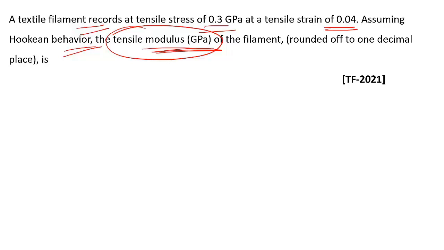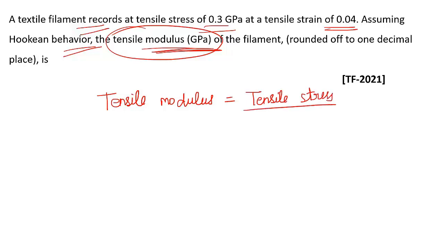If you know the formula for tensile modulus, it is tensile stress upon tensile strain. So if you calculate, it is 0.3 upon 0.04 GPa.